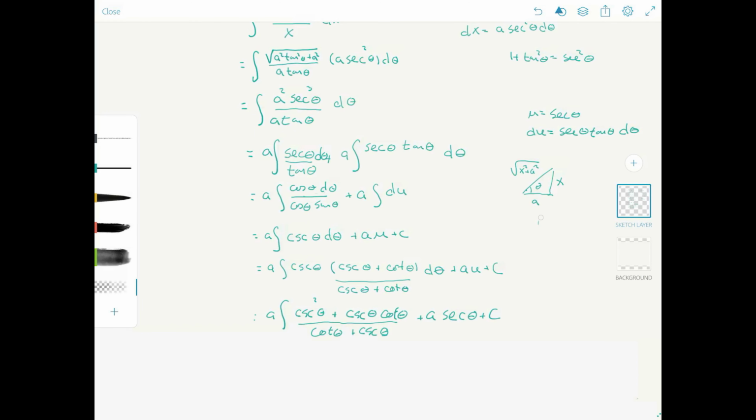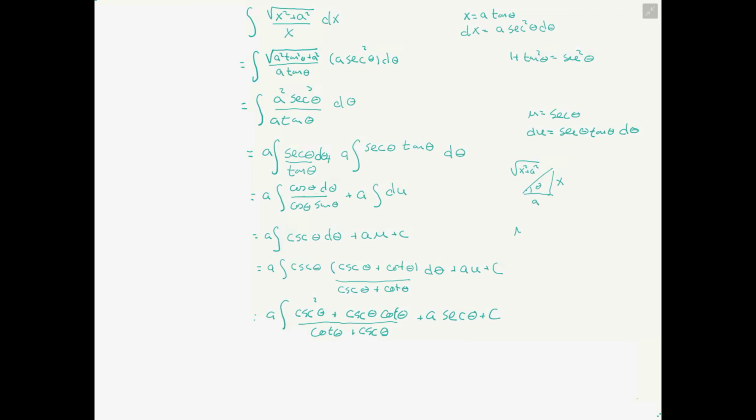Let's make it a u substitution. u equals cotangent theta plus cosecant theta.